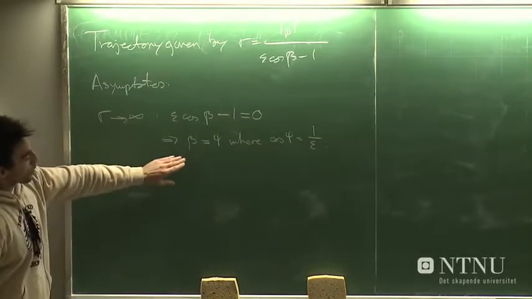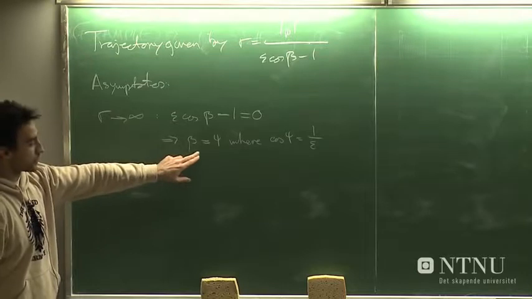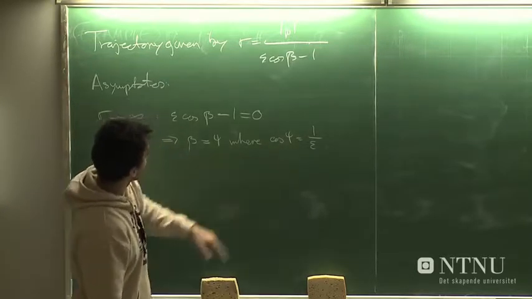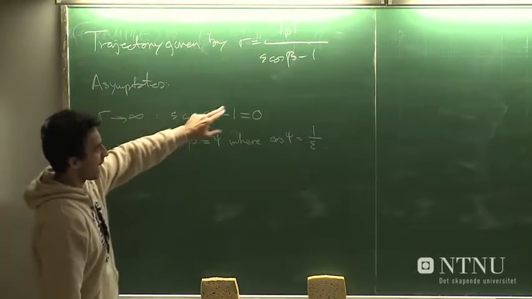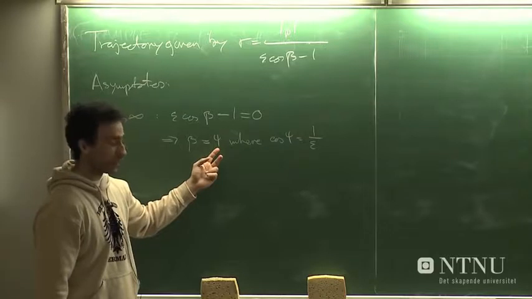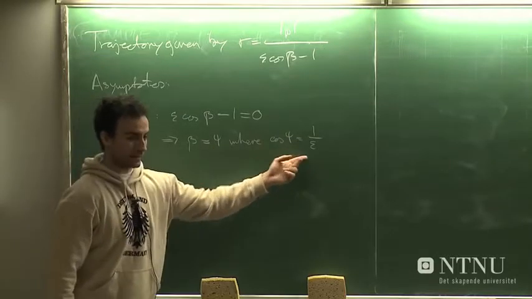And this happens when the angle is equal to psi, where psi is defined in the following way. So the denominator vanishes when the angle describing the trajectory equals psi, which is some quantity we have introduced, given like this.